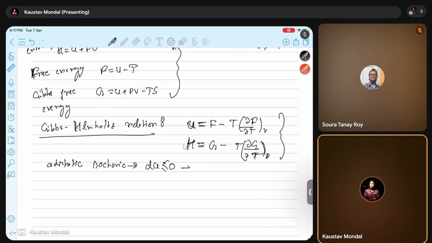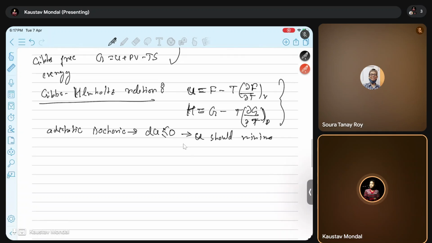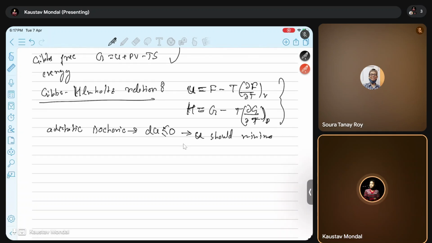That means U should reach a minimum. In order for any adiabatic isochoric process to occur, the internal energy of the system should reach the minimum. Similarly, for adiabatic and isobaric processes, we discussed that H, the enthalpy, should reach a minimum.